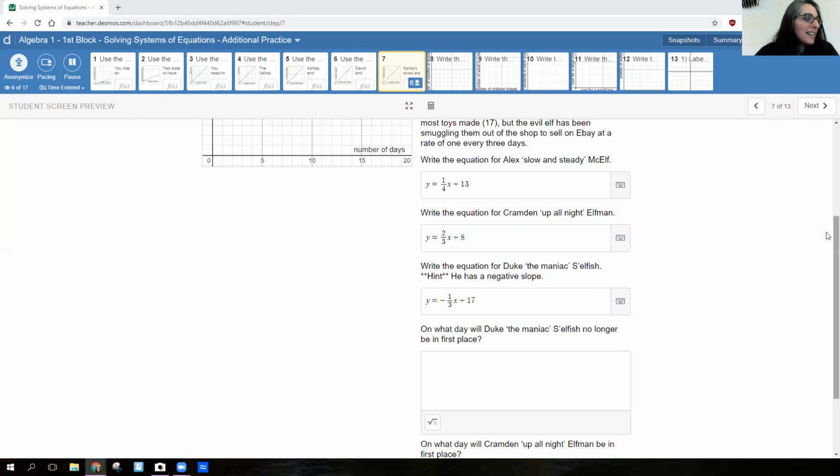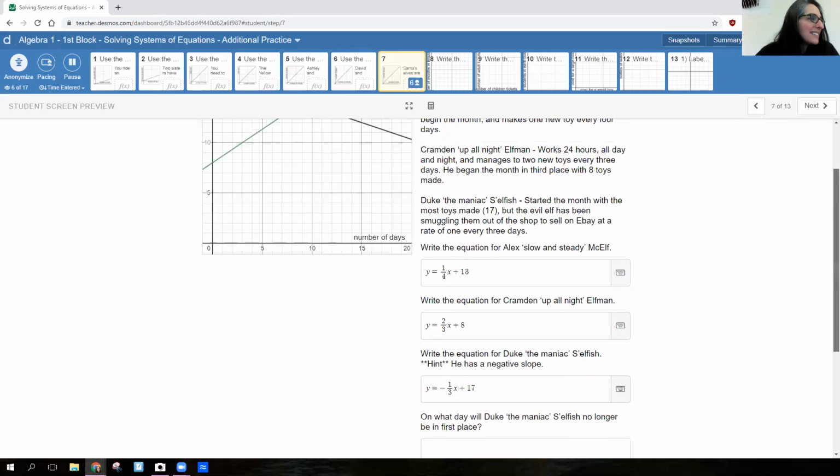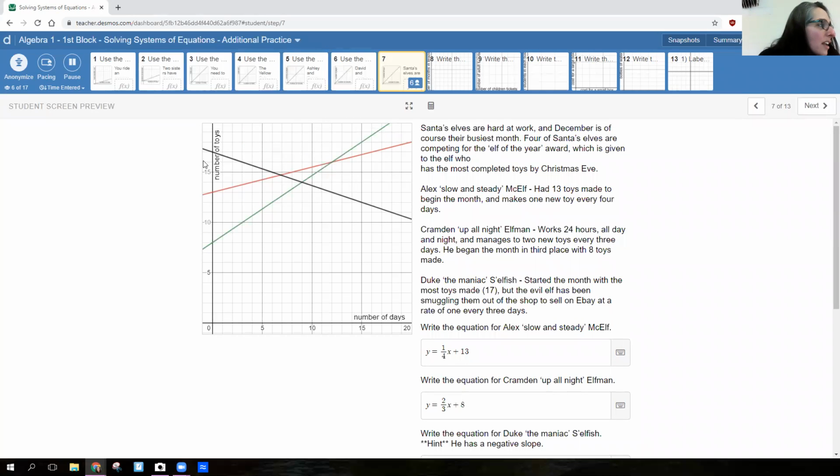Okay, so let's analyze this. So this black line is Duke. I'm seeing 3 different answers. So we better talk about this. Or maybe that's all good, but everybody's explaining it in a different way. So Duke is the black line. Right now, if I click on that right there, 17, he starts the month out at 17 toys. So he's totally in the lead. But what happens?